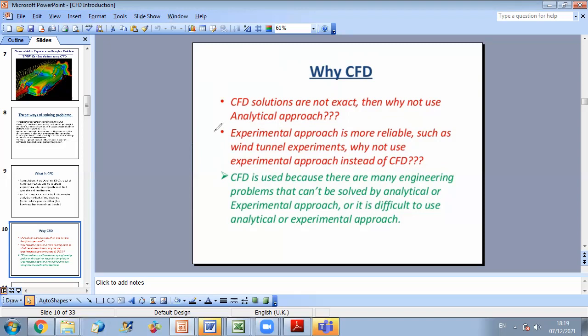It's true that the experimental approach might be more reliable because we can do live experiments and measure values, such as wind tunnel experiments. But why don't we use it instead of CFD? CFD is used because there are many engineering problems that cannot be solved analytically, and the experimental approach is difficult to use and it needs time and costs a lot. This is why CFD is the most common technique used to solve complex engineering problems.